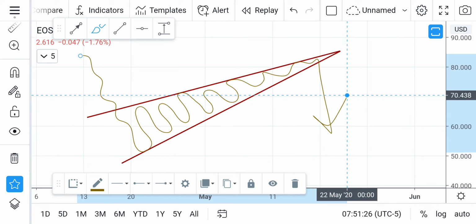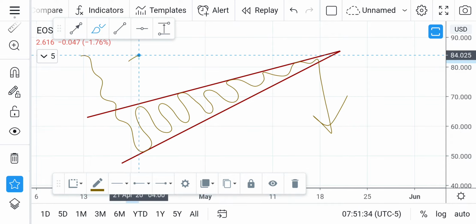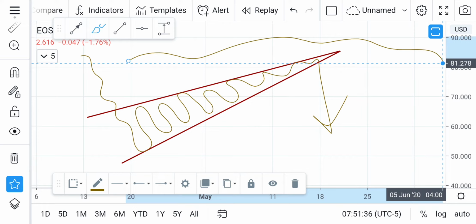It always breaks down because it's a bearish reversal chart pattern, especially in a downtrend. When your price is below the 200 period moving average, it breaks down.